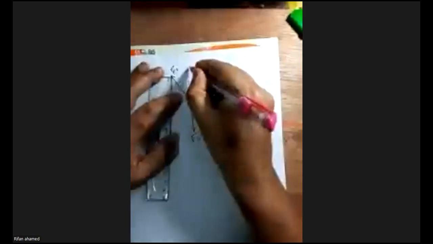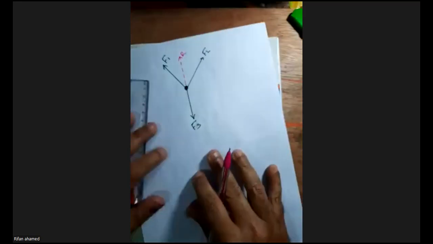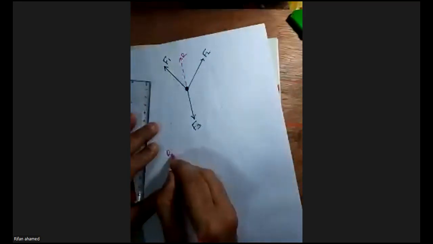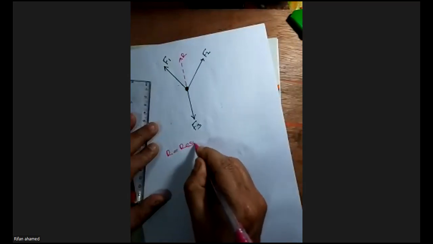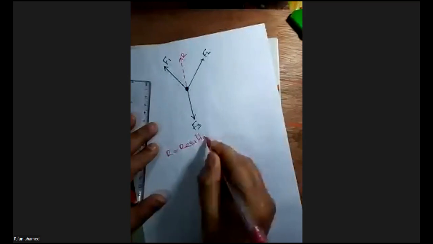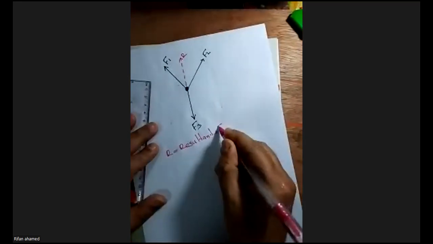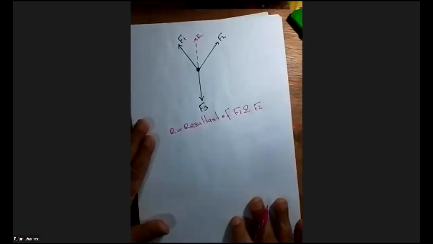Understood? So what is this R? Resultant. R is the resultant of whom and whom? Resultant of F1 and F2. Clear?